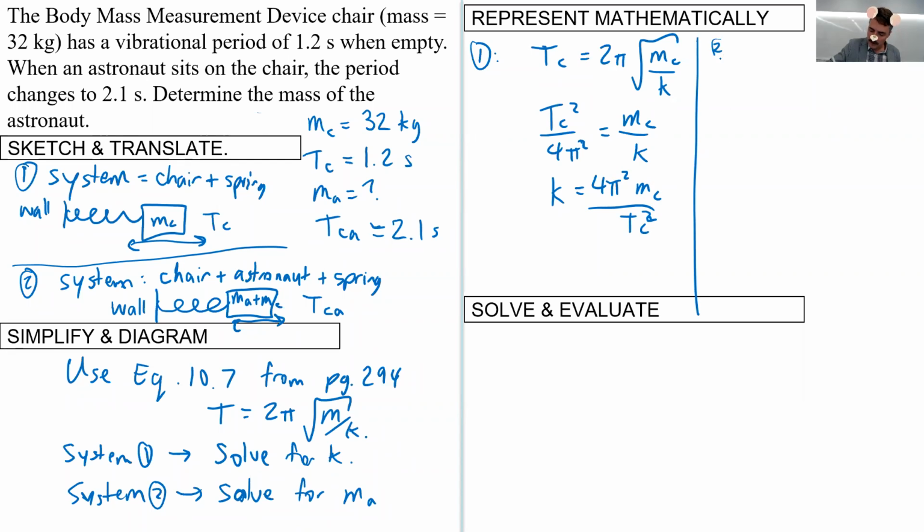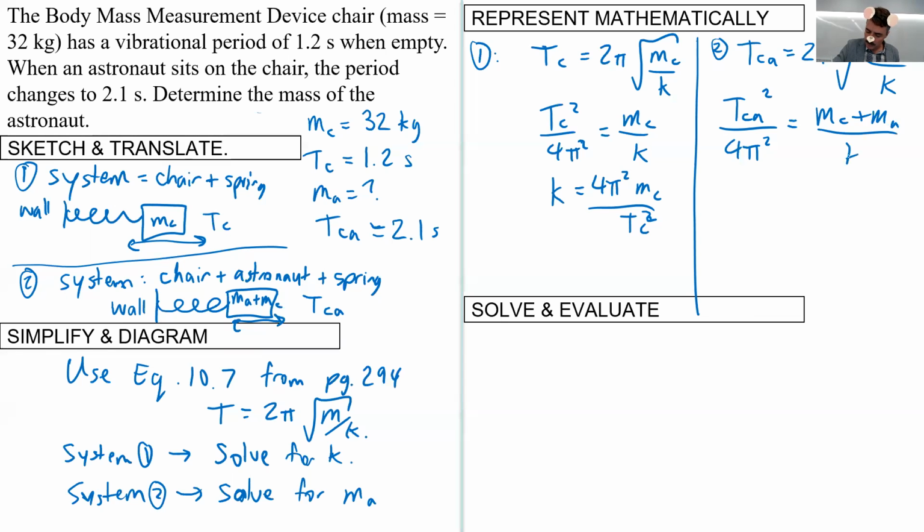And then if we look at system 2, you've got TCA, both of them together is 2 pi times the square root of MC plus MA divided by K, same spring constant though. Again, divide both sides by 2 pi and square the thing. TCA squared over 4 pi squared is equal to MC plus MA.